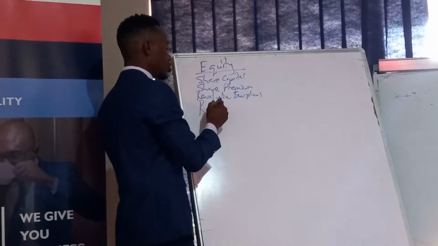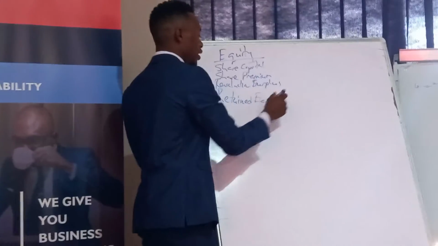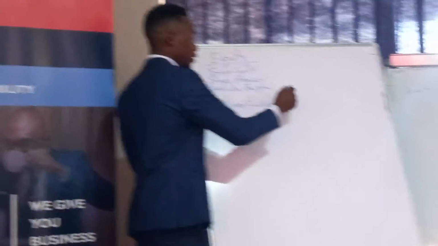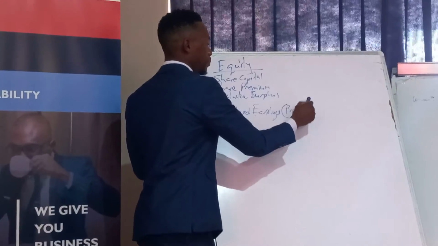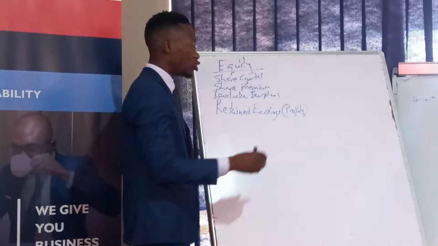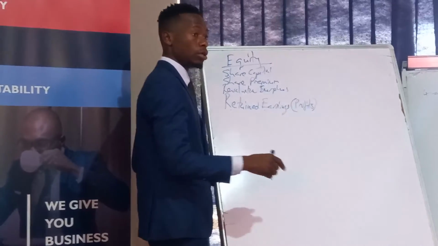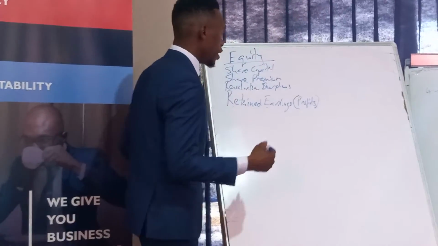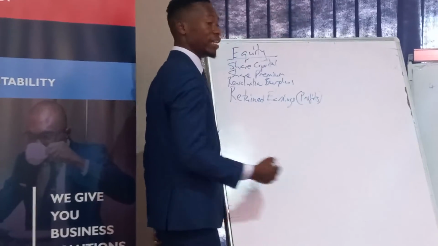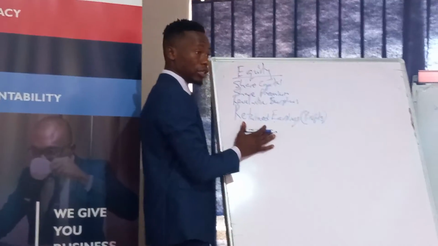This is key. I want you to understand the last one. The retained earnings. What do we mean by retained earnings? These are the profits. But when a company makes profits, they pay dividends. The dividends are paid from the profits that you've made, right?